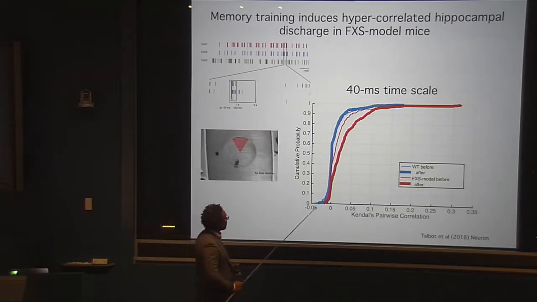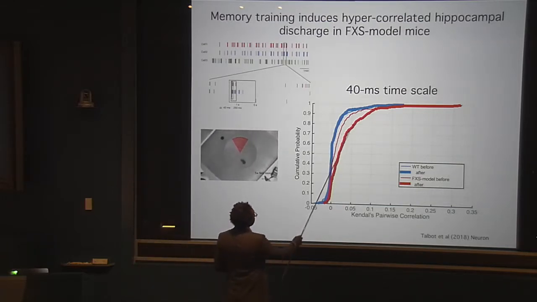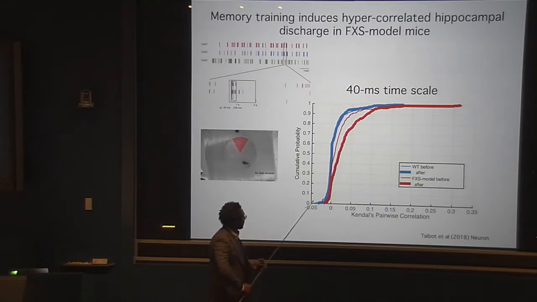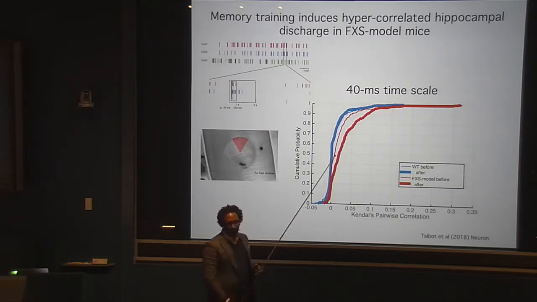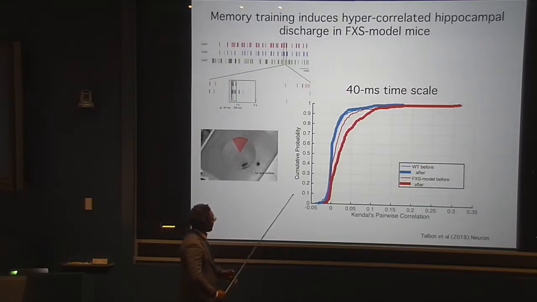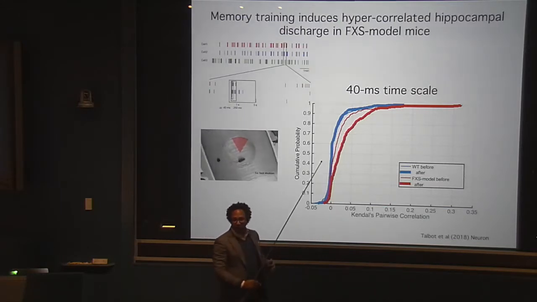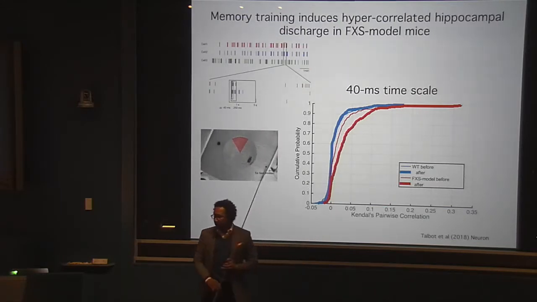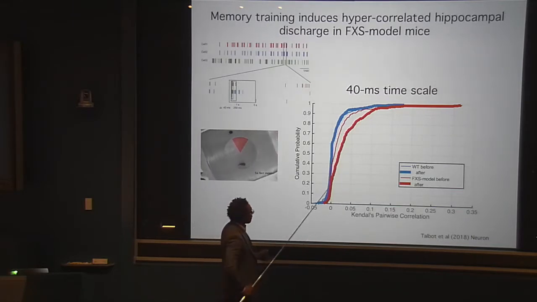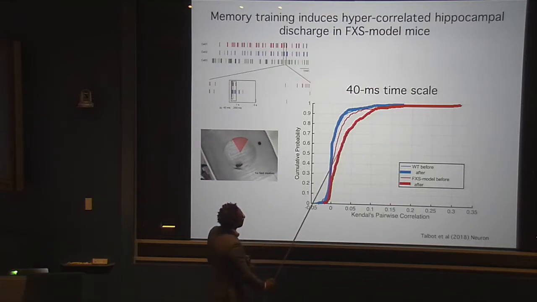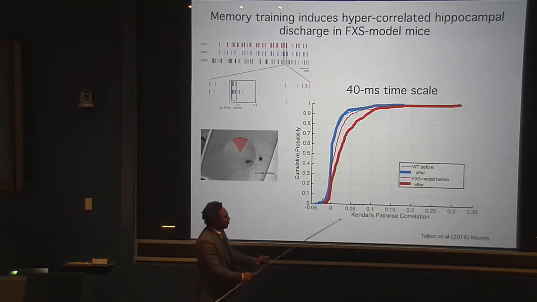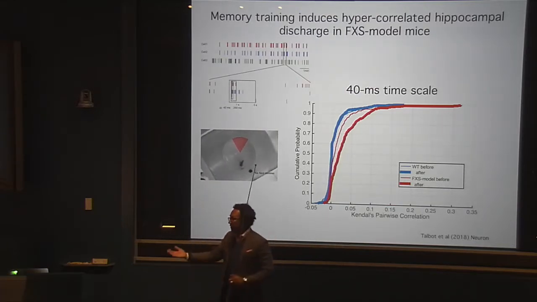And what we can observe, if you look at this histogram at the thick line, is a description of that correlation and the likelihood of observing a particular correlation in the population. Before compared to after, this experience doesn't change very much the distribution of these correlations in the wild-type animals, but in the Fragile X model mice, you get a big rightward shift, meaning that these correlations became very positive.